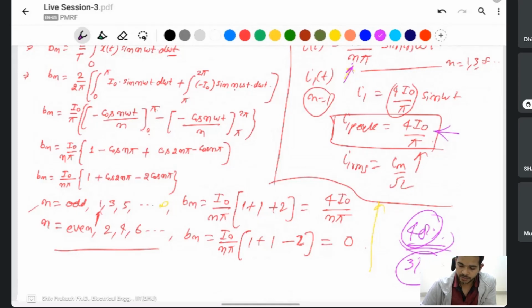That is the peak value of the fundamental. 12.7 ampere is the fundamental peak amplitude, and RMS will be somewhere around 8-9 ampere. 0.9, that is 2 root 2 divided by pi, which comes to around 9 ampere.